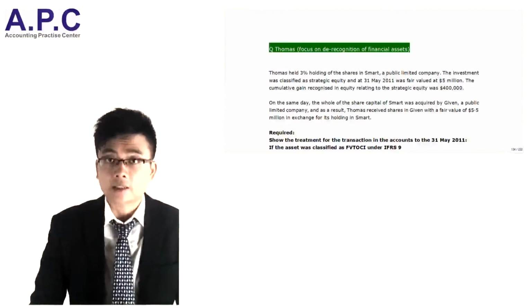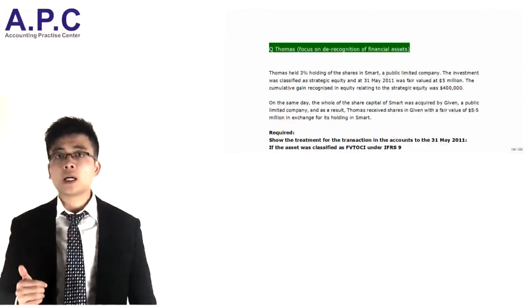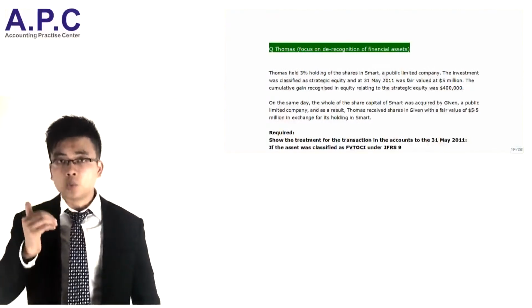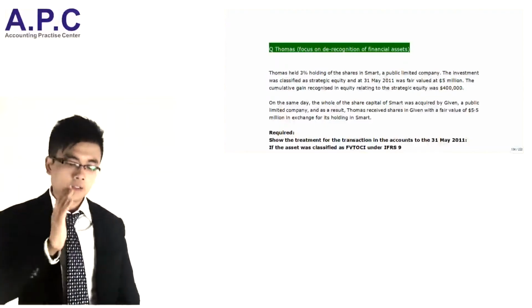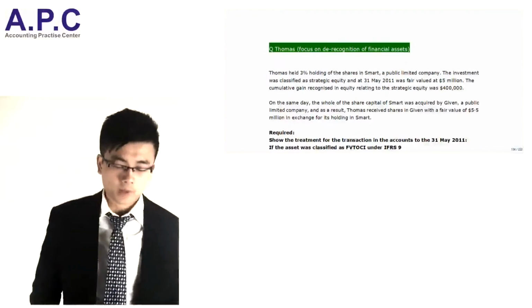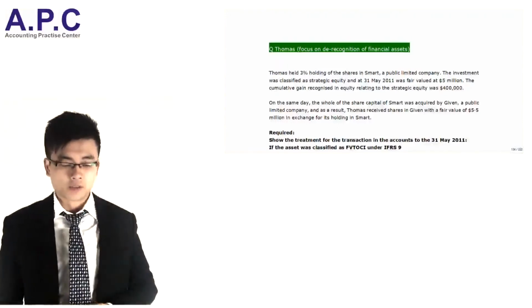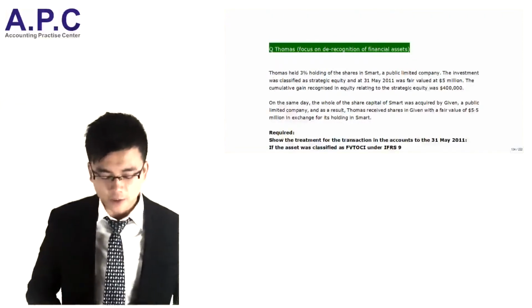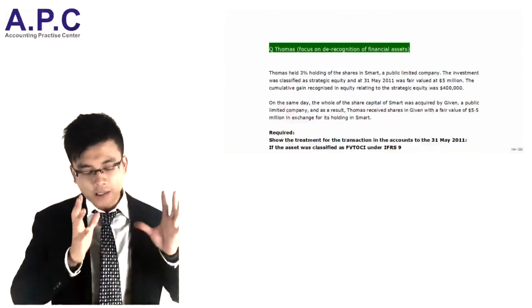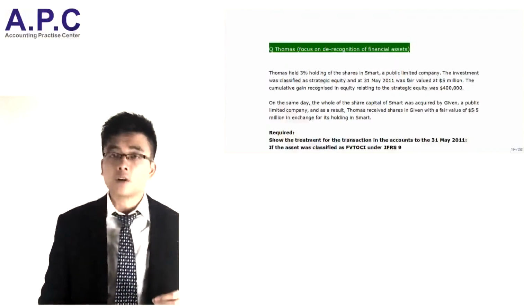The investment is classified as strategic equity, which means we hold the shares because we want to acquire 100% of shares in that particular company. So that's called the strategic equity. We're going to take the fair value changes directly to the OCI. So valued at $5 million, and we're told in the question, the cumulative gain recognised in the equity is $400,000.